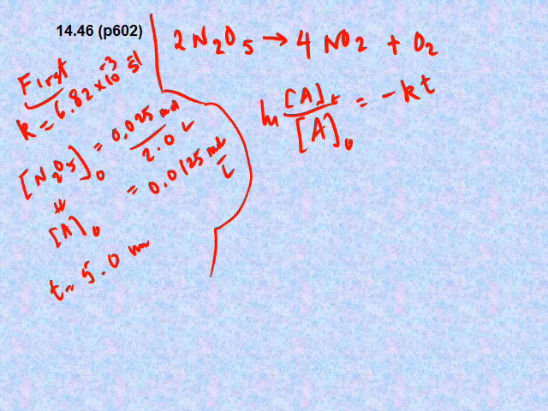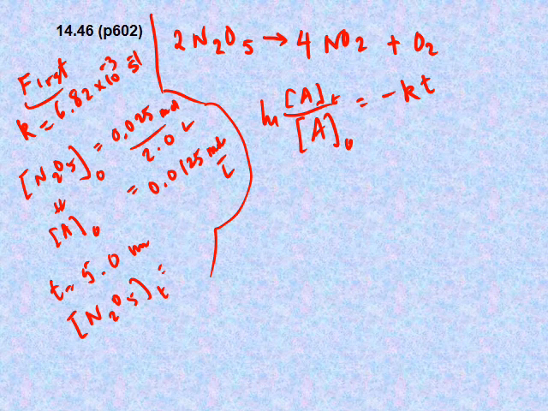They're just asking how many moles of N2O5 will remain after 5.0 minutes. Obviously, they're asking for At, the amount of N2O5, not in molarity units, rather in mole units. So first we'll calculate molarity, and then from molarity we'll calculate moles, what the question is asking for. So we'll have to be paying attention to that.